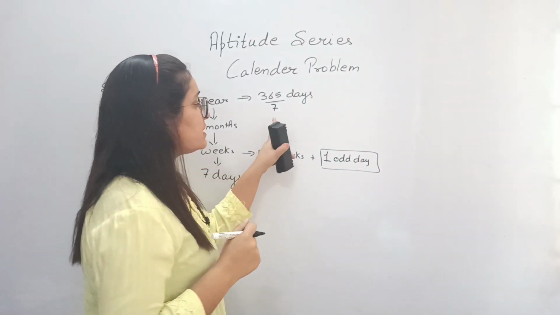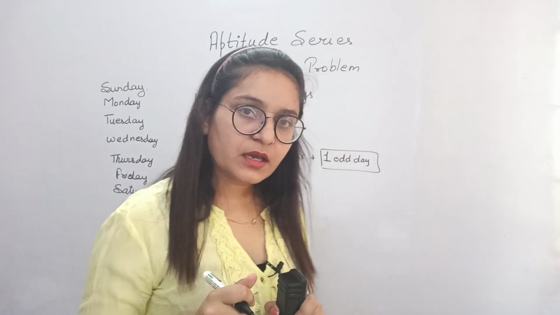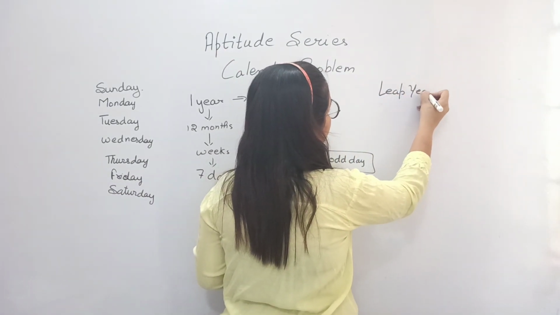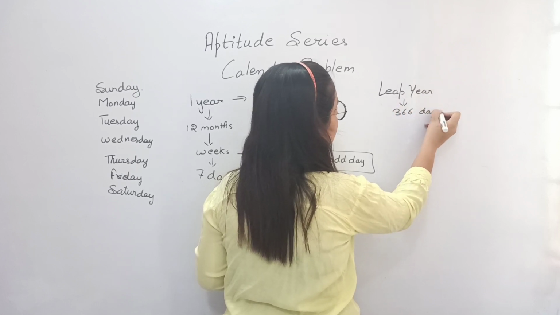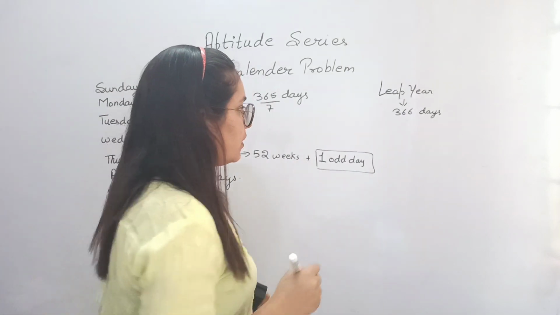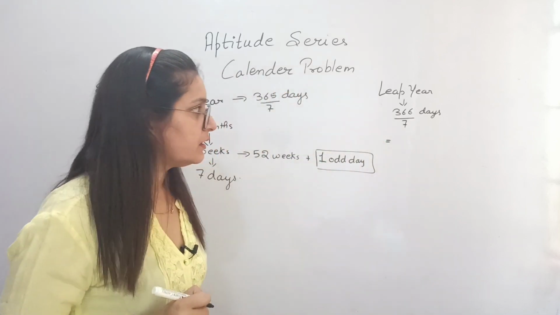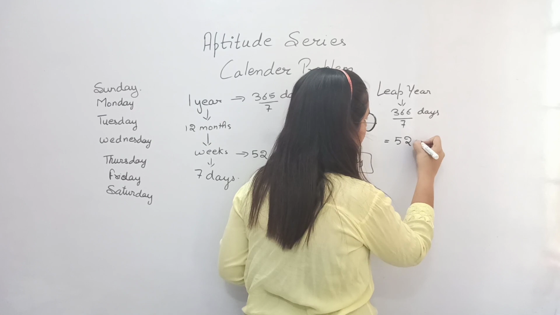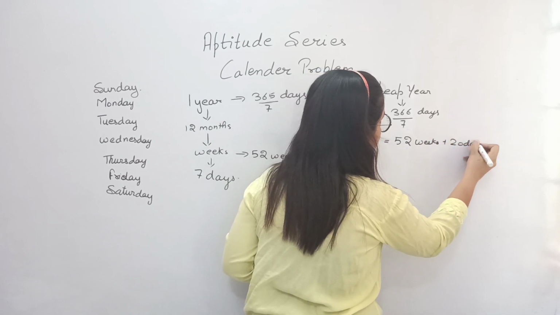Now this is a non-leap year, but after every 4 years there is a leap year, and how many days will a leap year have? 366 days, because of one extra day in the month of Feb. Now when I convert it into weeks, I divide it by 7. I get 52 weeks plus 2 odd days.